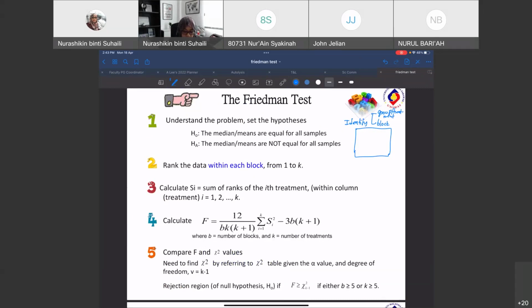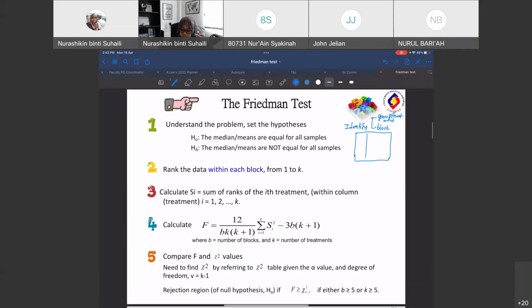The second step is to rank the data within each block. So let's say we have the data and we know what the block is. To rank the data, we don't rank the whole thing. We have to first identify the block and rank within the block.